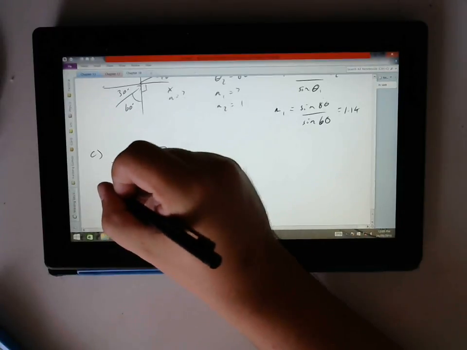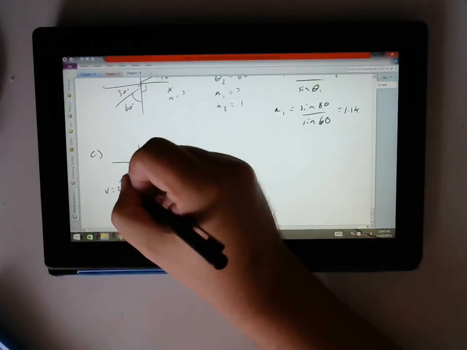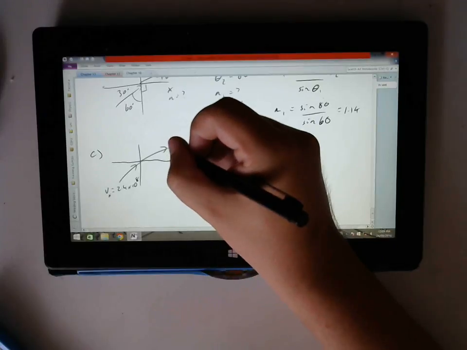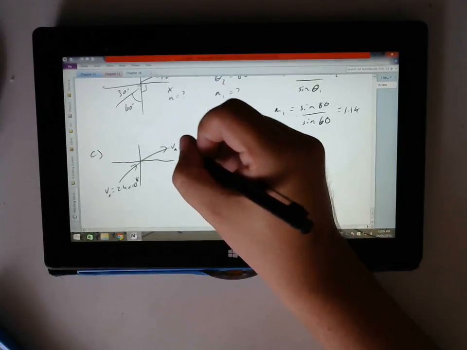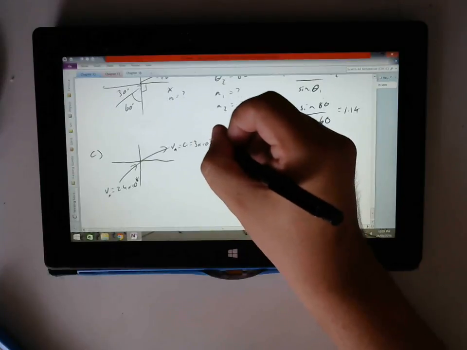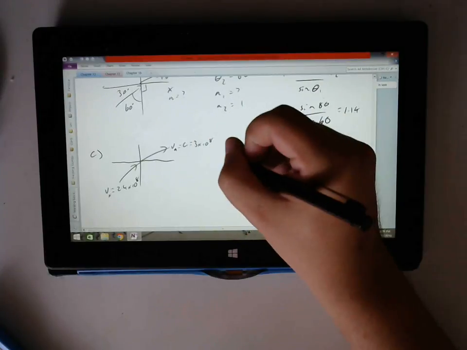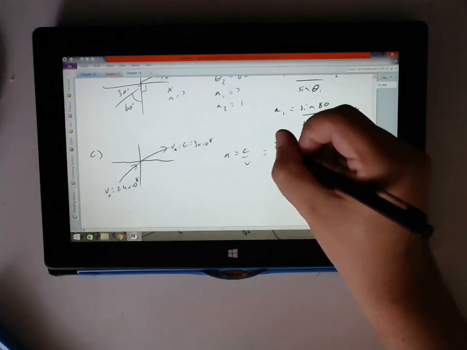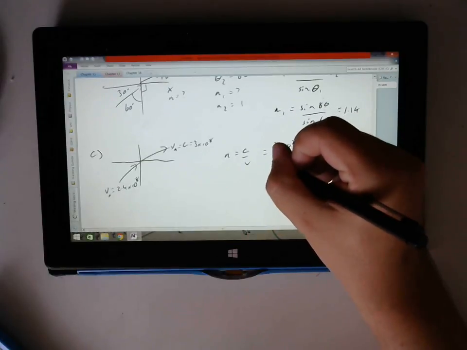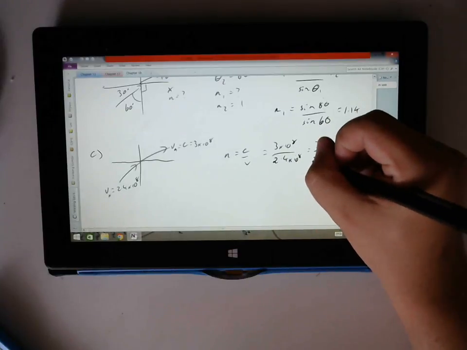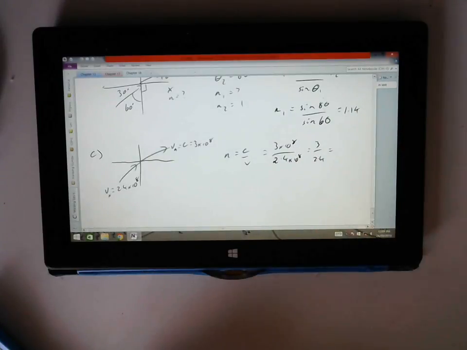So here we have v equals 2.4 times 10 to the 8, we'll say it's v in x. And here in air it equals c equals 3 times 10 to the 8. So n equals c over v equals 3 times 10 to the 8 over 2.4 times 10 to the 8 equals 3 over 2.4.